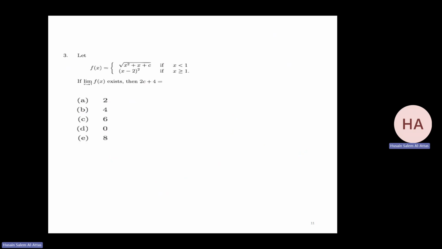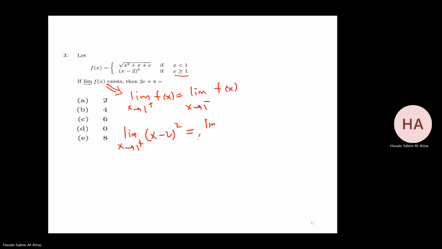Same idea. This limit exists, means the limit from right equals the limit from left. So from right, I will be there, so that will be the limit for this function. And from left, I'm less than 1, so for this function, I just need to find c.